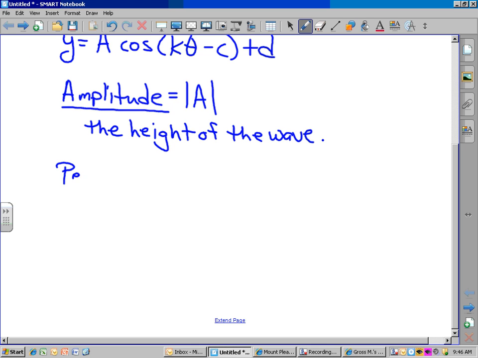Period. Two pi over k. That k comes from the equation. Best way that I can describe the period is one pattern length.